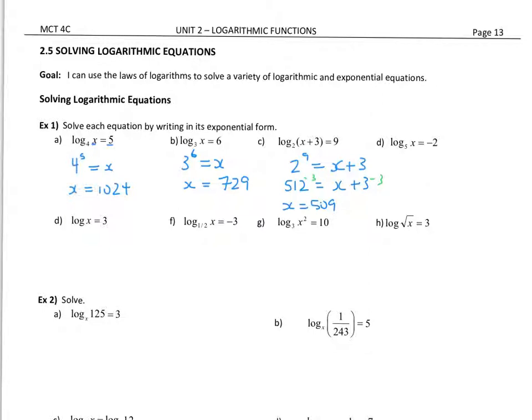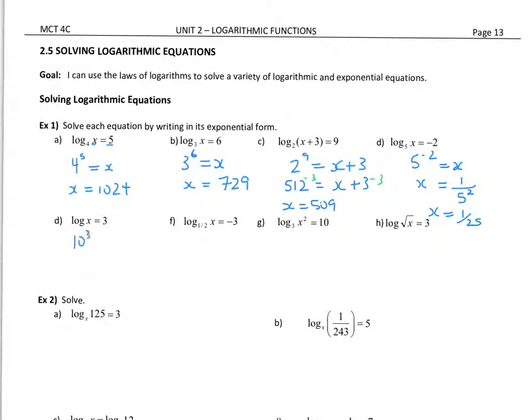All right, the next one, we have 5 to the exponent negative 2, so the base to the exponent is equal to my x. If I apply that negative exponent rule, that means we have 1 over 5 squared, or x is equal to 1 over 25. The next one, now there's no base written. You have to remember that when no base is written, the base is a 10.